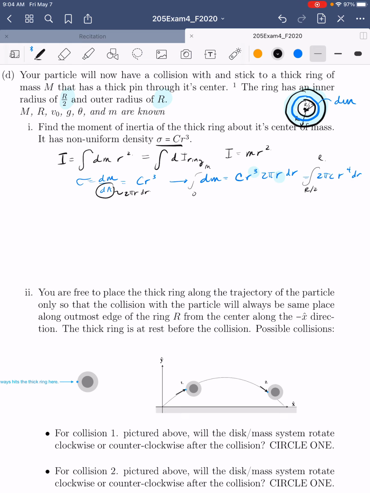So I'll get m minus 0 equals 2 pi c, which is a constant of the integral, and will come out. And then I'm integrating r to the 4th, which will become 1/5 r to the 5th evaluated between r over 2 and r. And so m will equal 2 pi c over 5 times r to the 5th minus r to the 5th over 2 to the 5th.